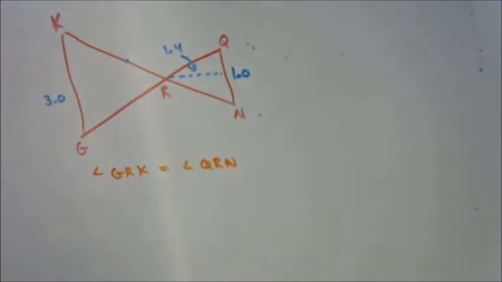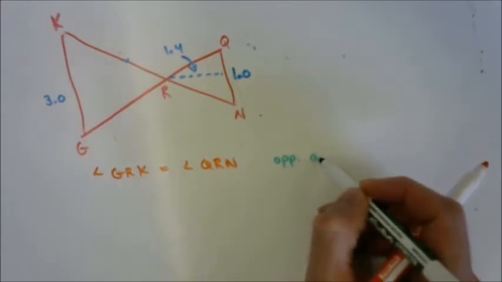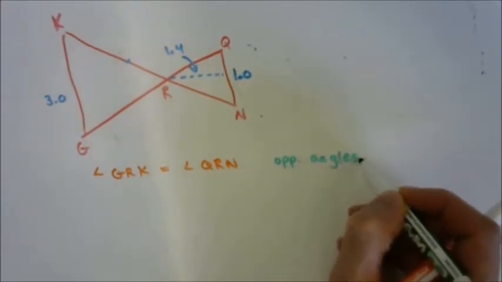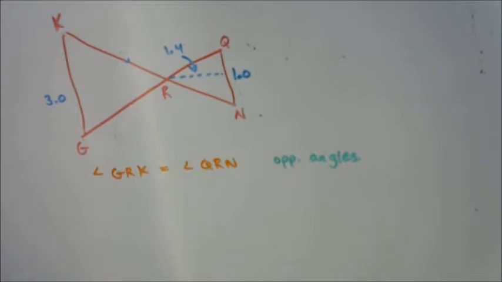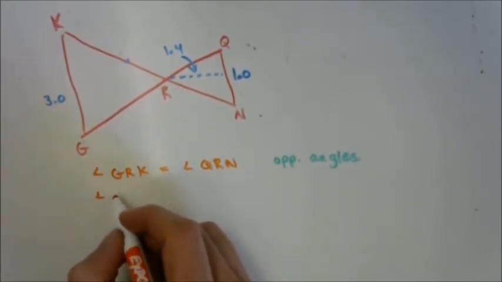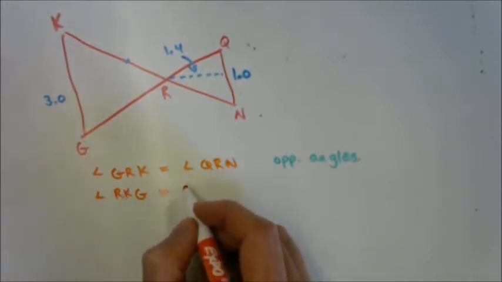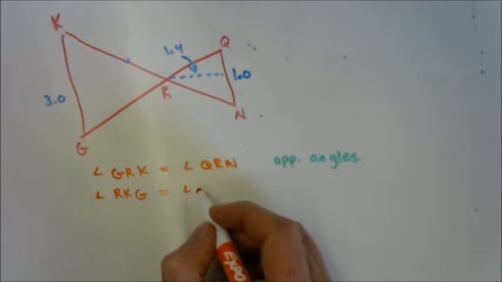How do we know that? They're opposite angles. Opposite angles. Anything else we know? What about angle K and angle N? Can we say that they're equal? Yes, sure, because, well, do you remember the word from Parallel 7.0?